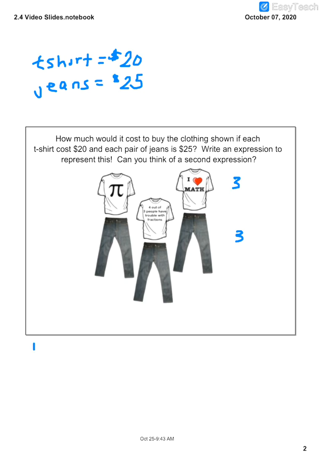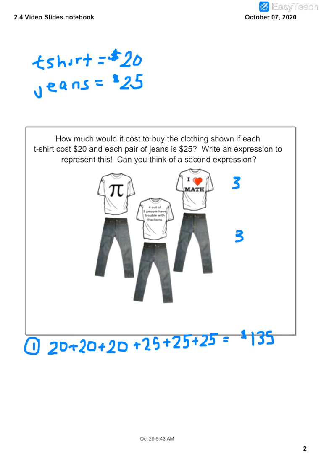So one expression could be to just write everything out in expanded form. 20 plus 20 plus 20 for each of the t-shirts, plus 25 plus 25 plus 25 for each of the jeans.